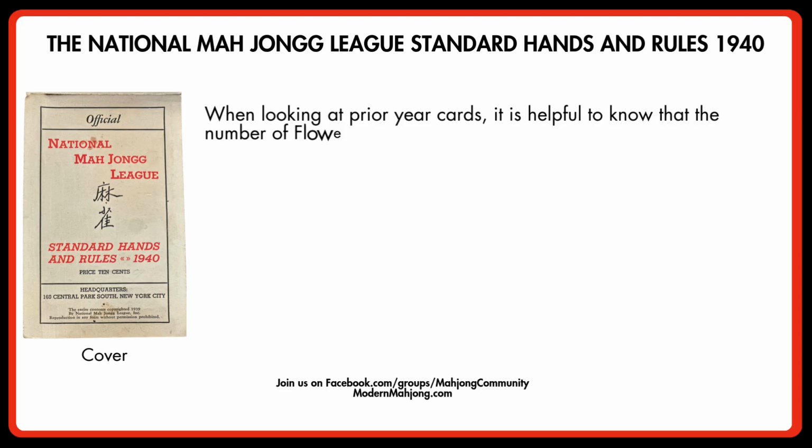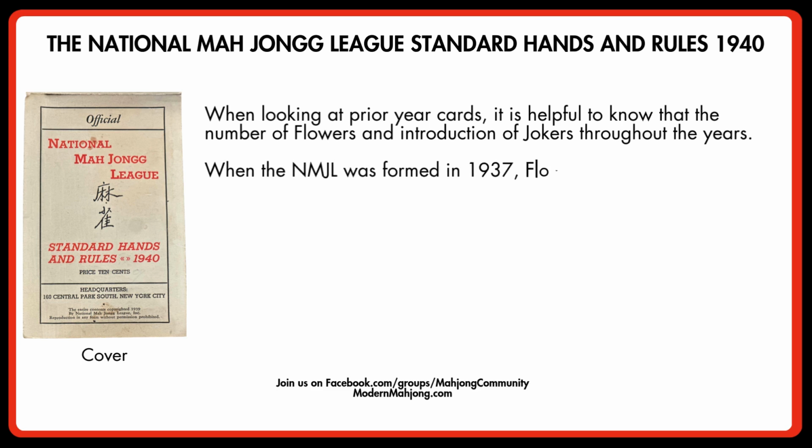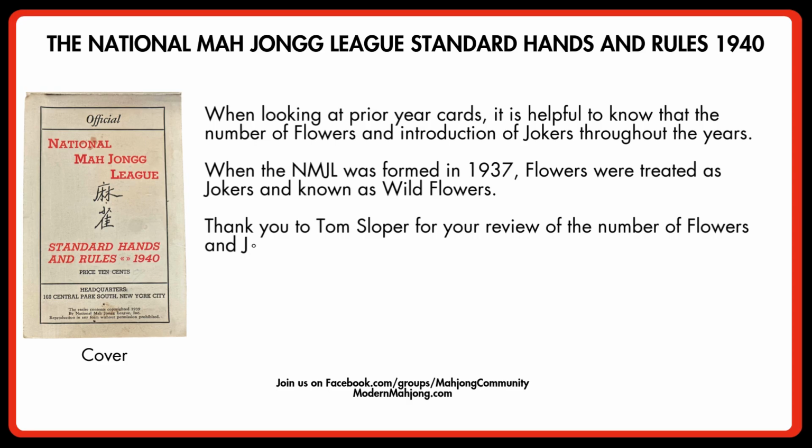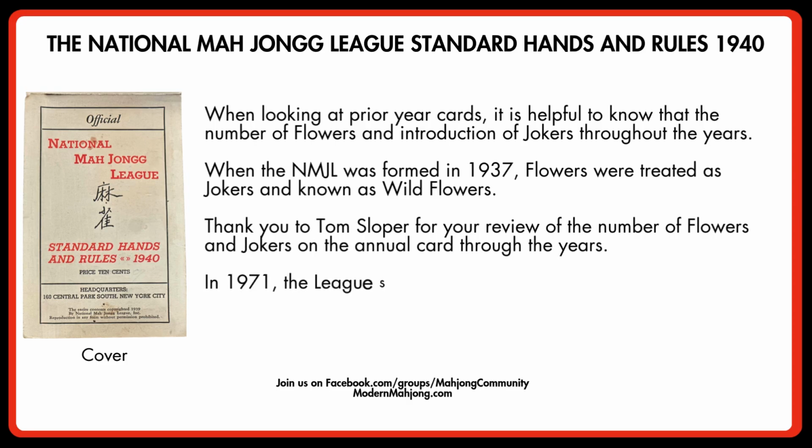When looking at prior year cards, it's helpful to know that flowers and jokers changed throughout the years. Back in 1937, flowers were treated as jokers and known as wildflowers. We would like to thank Tom Sloper for his review of the number of flowers and jokers throughout the years. They are in a chart on his website, sloperama.com, and we'll get into that on the next page.